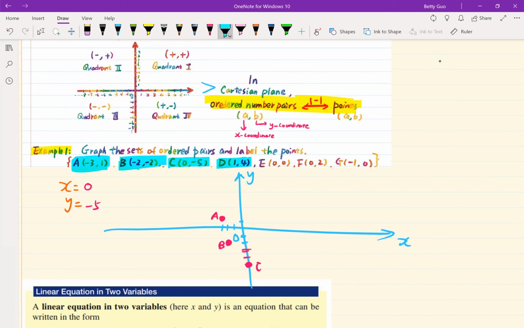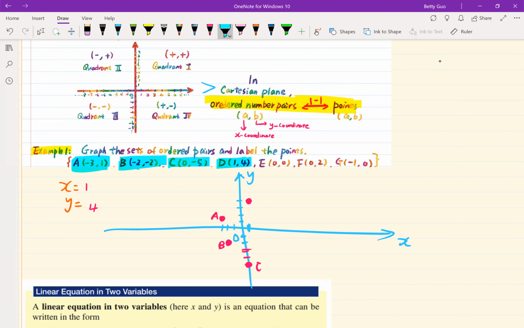D. The x-coordinate is 1. The y-coordinate is 4. It's in quadrant 1 because it is 1 unit to the right, 4 units above. 1, 2, 3, 4. So the point is right here. You see, the point is uniquely determined by the 2 components, the ordered number pair, right?